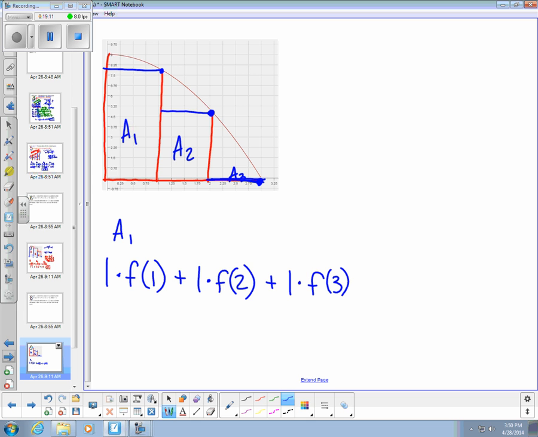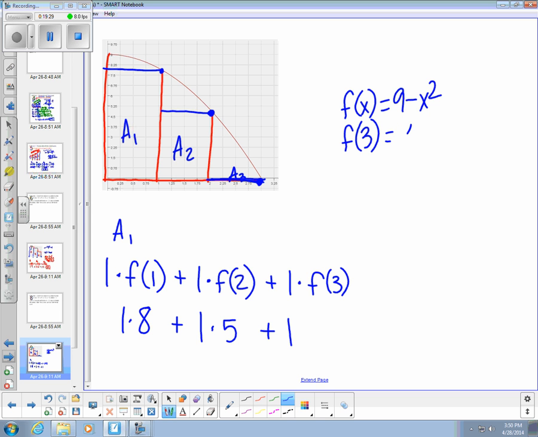F of 1 when we plugged in last time was 8, so we've got 1 times 8. F of 2 was 5, so 1 times 5. And f of 3, remember our function f of x was 9 minus x squared. Well, 9 minus 3 squared is going to be 0. That's why we don't really have a rectangle on that last one. So it's 1 times 0, which is going to give us 0 area.